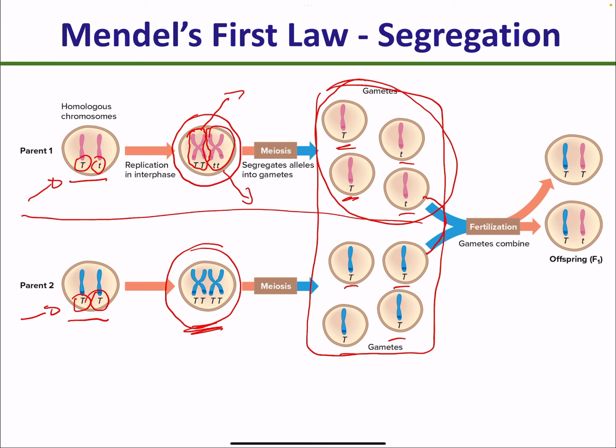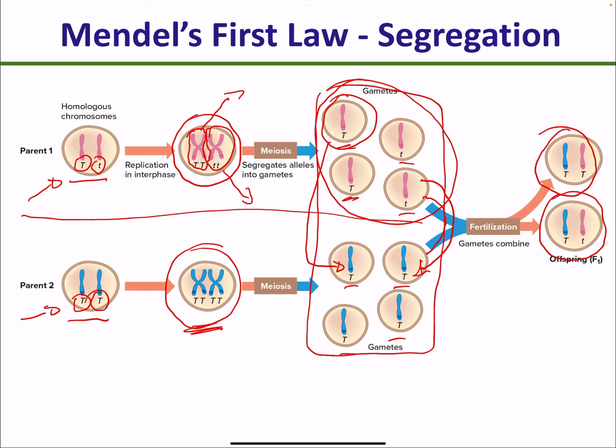Now, if you bring these gametes together and say, okay, let's get this gamete to fertilize this gamete, then a number of features are going to develop. So this cell here can fertilize this cell, in which case we are going to have capital T, capital T. But this cell can fertilize this cell, and we are going to have capital T, lowercase t.